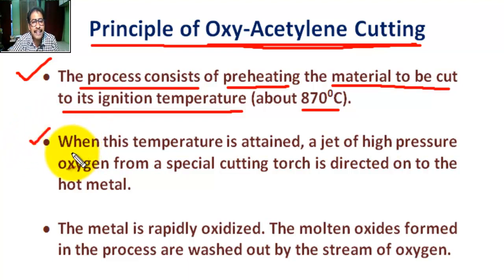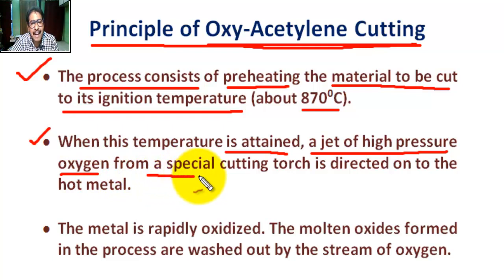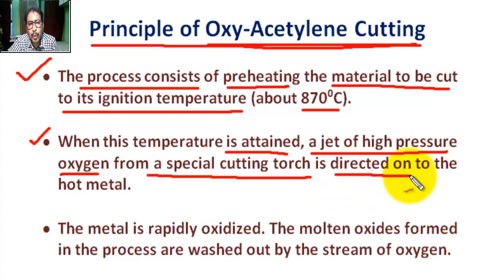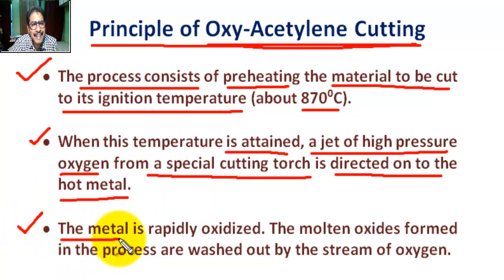Next, when this temperature is attained, a jet of high pressure oxygen from a special cutting torch is directed on to the hot metal. The metal then is rapidly oxidized.